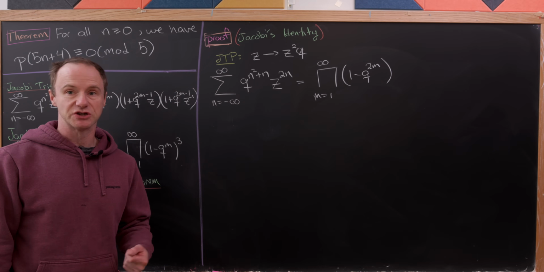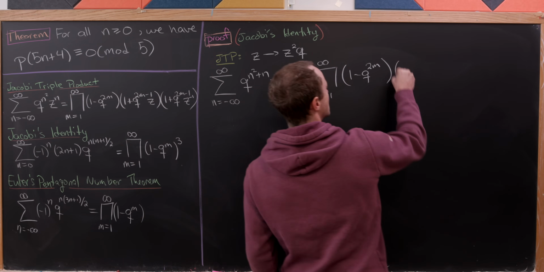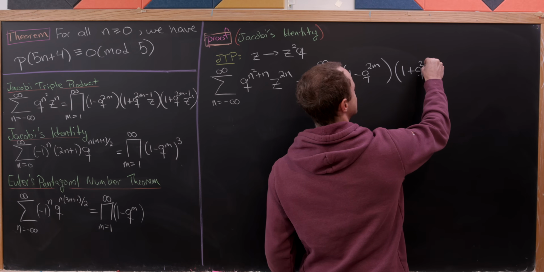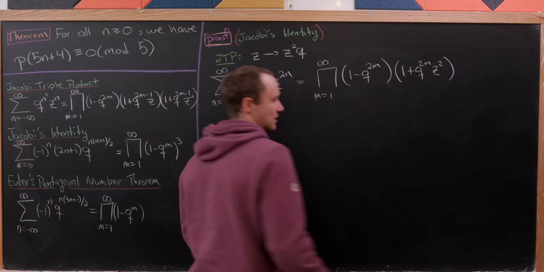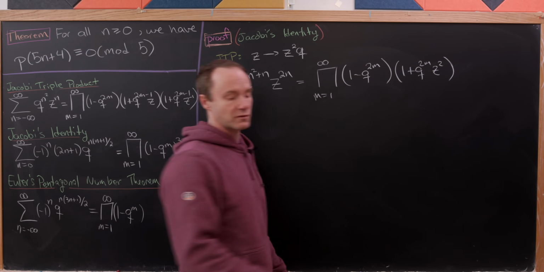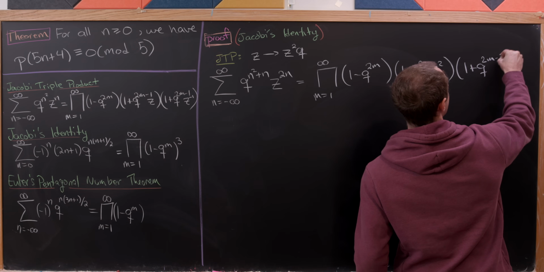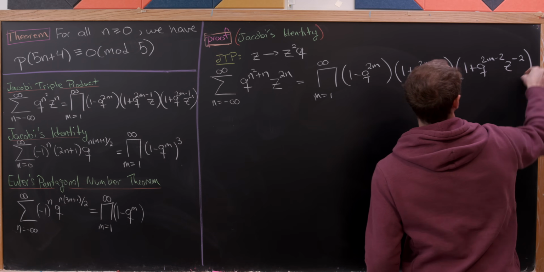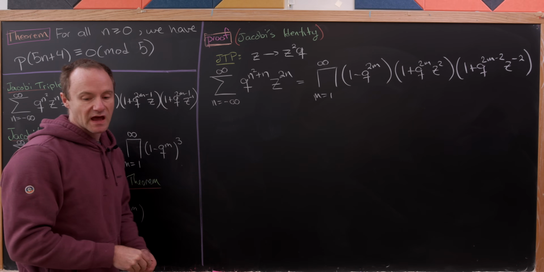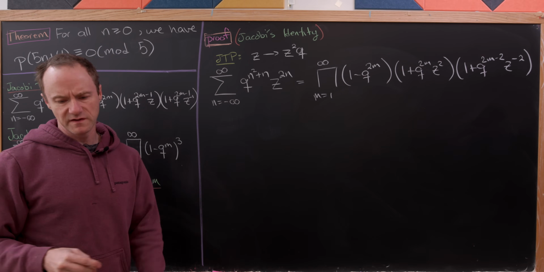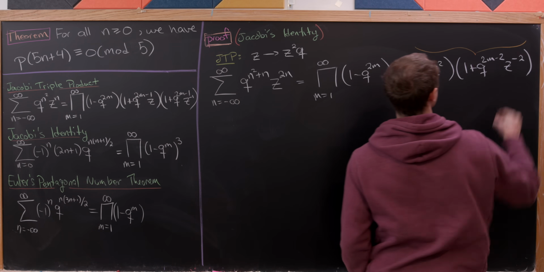But the second and the third portions of our product will change. We'll have a 1 plus q to the 2m times z squared for this middle term. And then for the remaining term, we'll have 1 plus q to the 2m minus 2 times z to the minus 2.